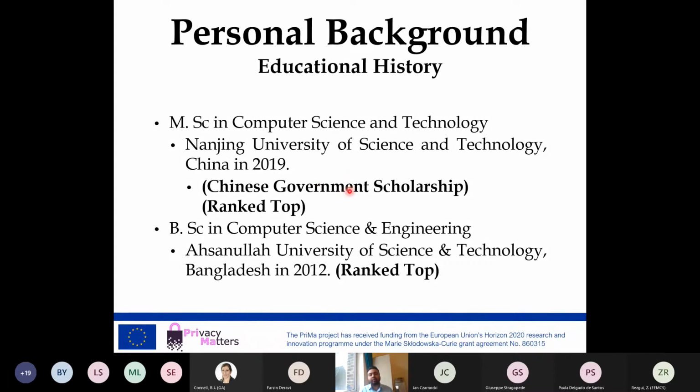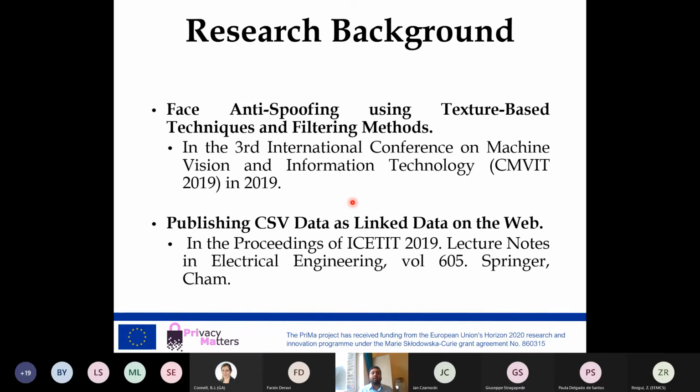Before that, I graduated with my bachelor's degree in computer science from a Bangladeshi university, Shahjalal University of Science and Technology. In my previous research, I have worked on facial liveness detection or anti-spoofing projects, and I have also worked on publishing different kinds of data on the web.